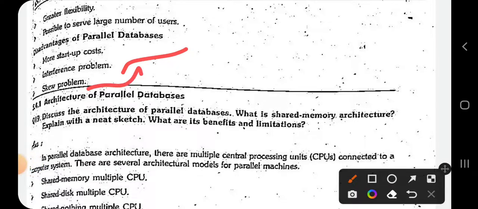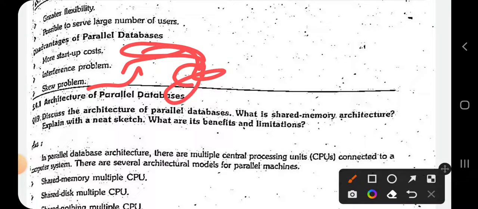And the skew problem: when we skew the data from the database, which is maintained in disk storages or some other physical storage, it should not cause any problem. That is the reason we consider these three as the major problems in parallel databases.